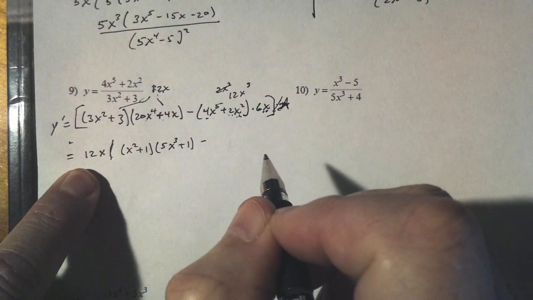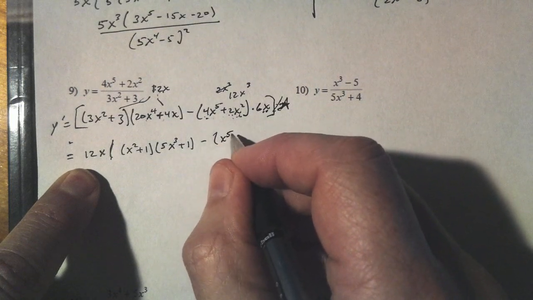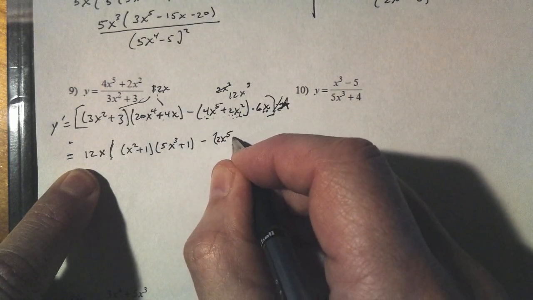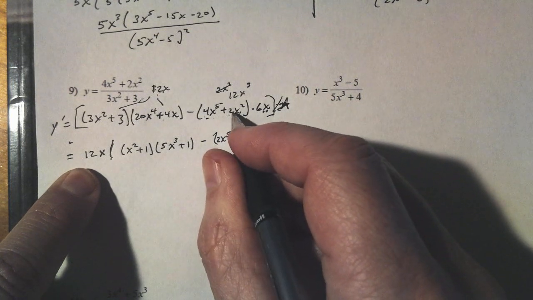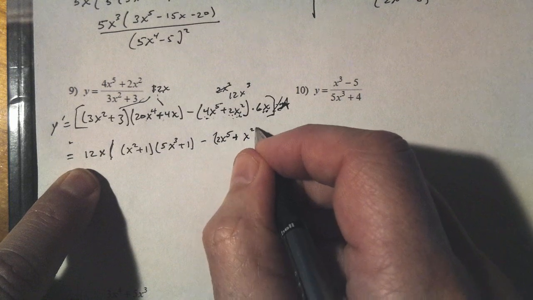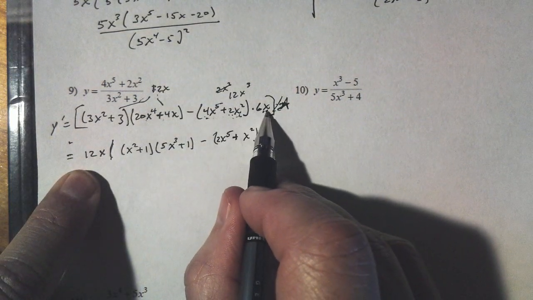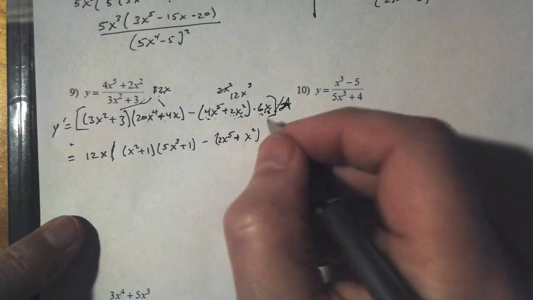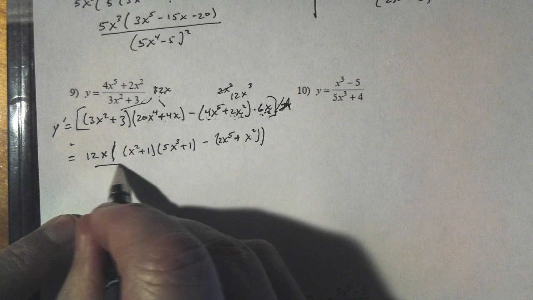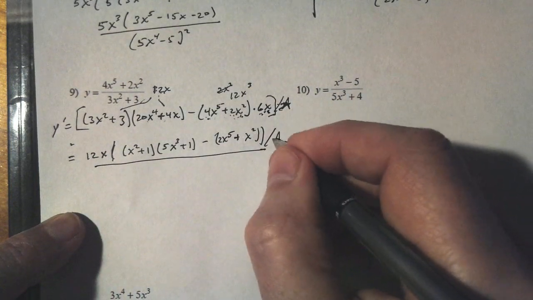Doesn't really matter. I'm going to just take 2 from here. 2x to the fifth plus just taking a 2 from here, x squared. If I took 2 from there, that means I'm going to take the whole 6x from here. So 6x gone. Oh, I'll do it this way.